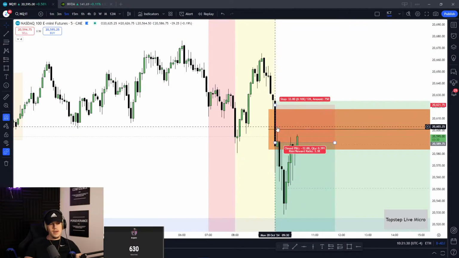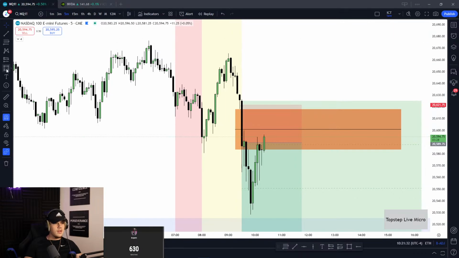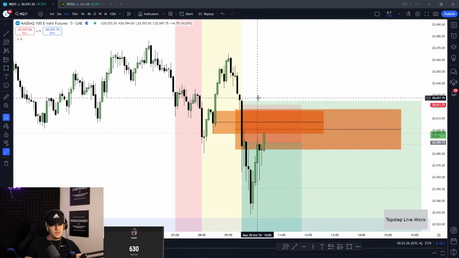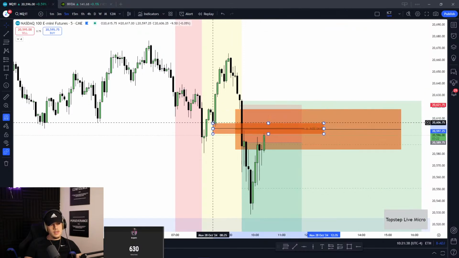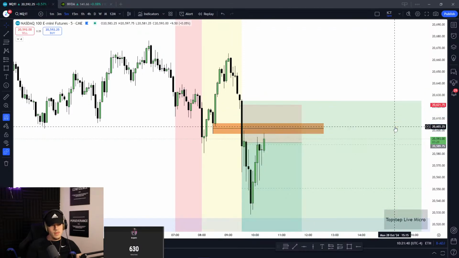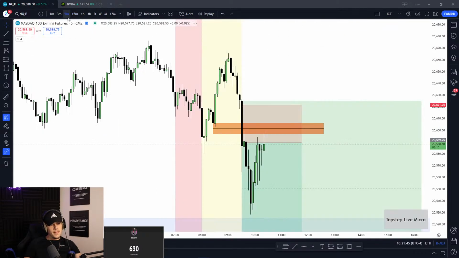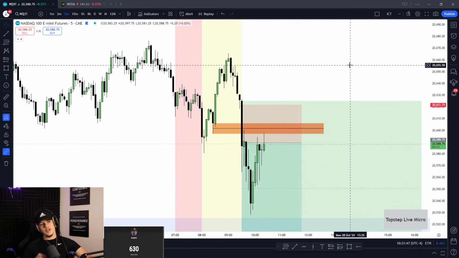We have that 5-minute SIBI there. We're going to draw out the breaker because we're back into it almost. Yeah, we're back into the breaker wick. I'm going to take out this SIBI box and just keep that breaker wick there. So we have a great reaction on that. Looks like that breaker wick is very strong.